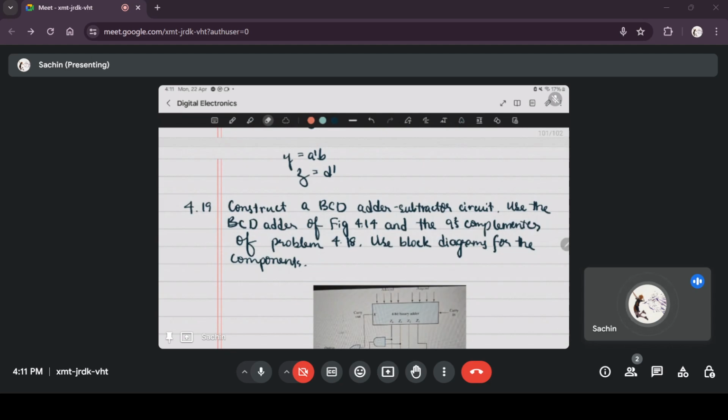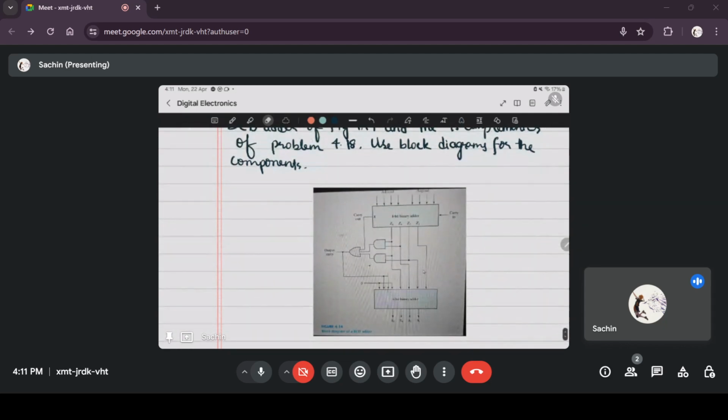Now using this, they want us to construct a BCD adder subtractor circuit. Similar to binary numbers where subtraction is done by 2's complement, where to subtract a number from another number, you add the 2's complement of the number which you want to subtract.